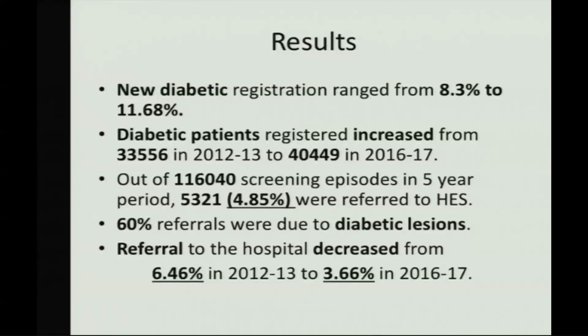Diabetic patients registered increased from 33,556 in 12-13 to 40,419 in 16-17, and out of 116,000 screening episodes in the 5-year period, 4.85% were referred to the hospital eye service. 60% of referrals were due to diabetic lesions. The referral to the hospital decreased from 6.46% to 3.66% in 16-17.